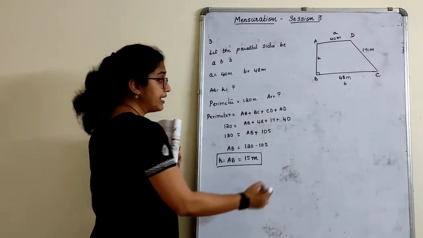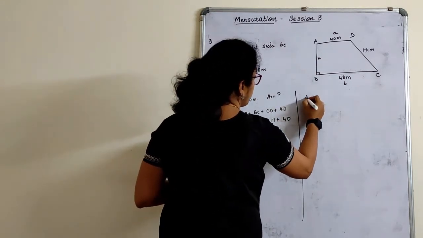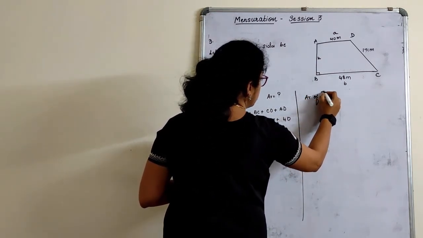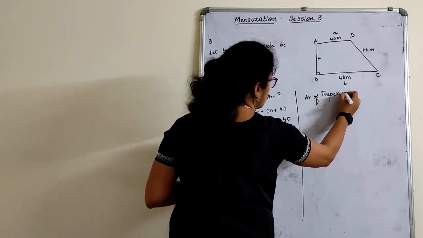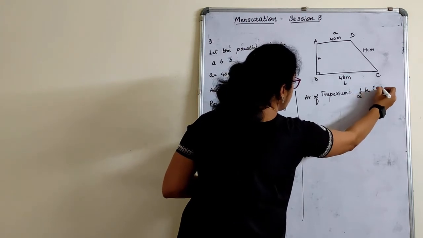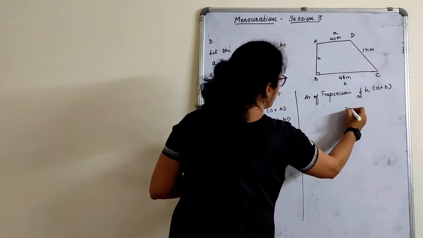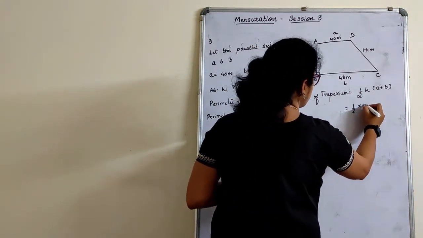AB height we found out here. Using this, can we find area of trapezium? It will be very simple now. Area of trapezium. Formula is half height of A plus B. So half height is how much? 15.